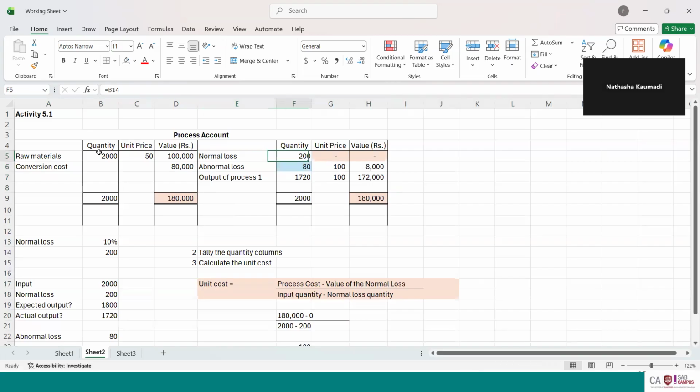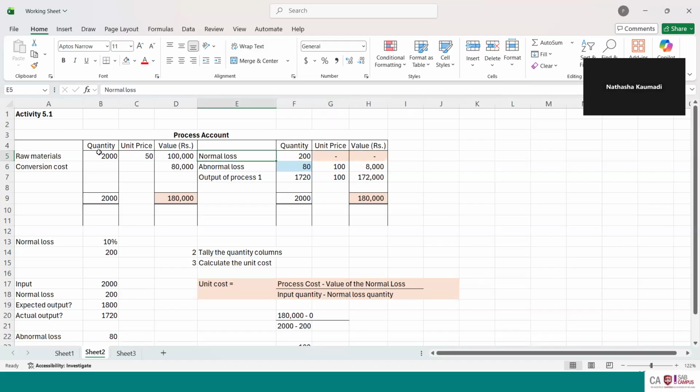And another important thing I mentioned to you, usually, there's no value for normal loss. We don't put a value for normal loss. Remember, there is one instance where we put a value for normal losses, but usually we don't record a value. Why? Because we are not considering the cost of normal losses as a separate expense.